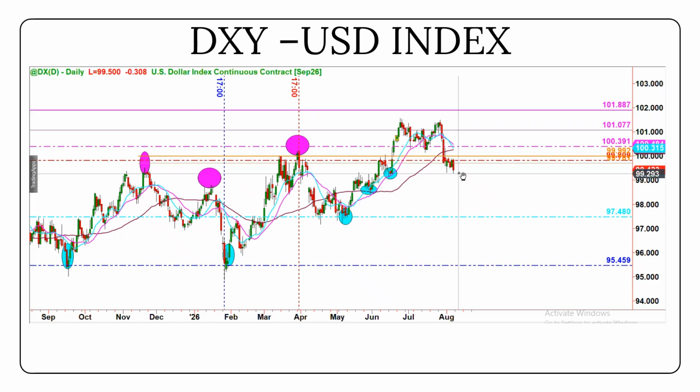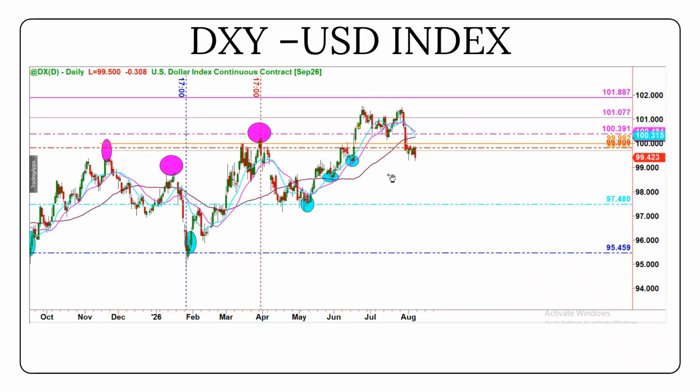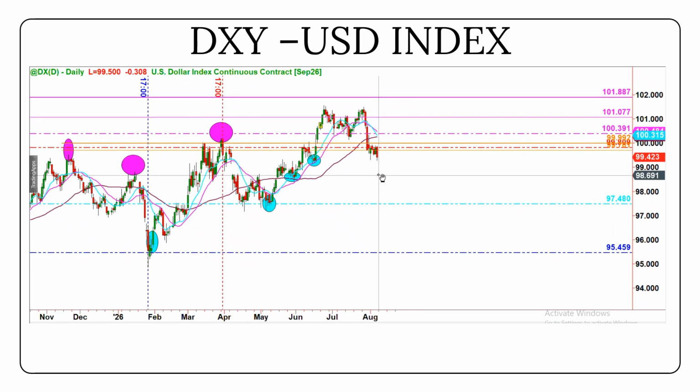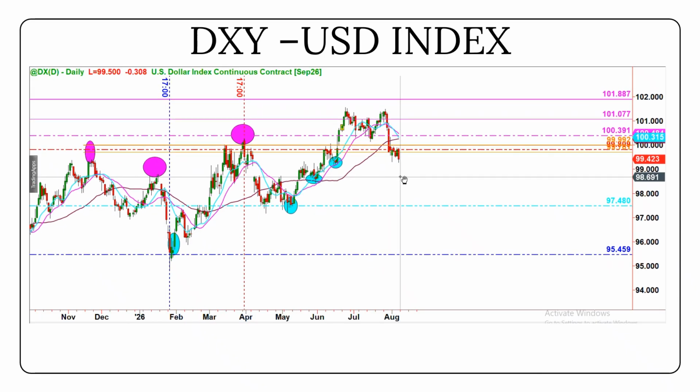So therefore, we could look at taking out the demand at 99.25 and then going further down to the next demand level, which is at 98.664. But until then, we shall be looking at taking sell trades only and no buy trades for the US dollar index.